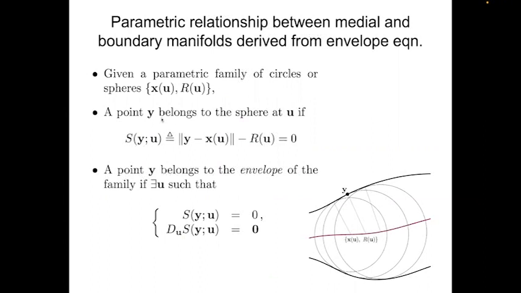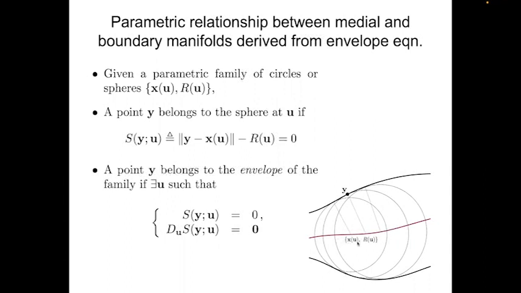And so then we end up with a function S that depends on Y, which is a point somewhere in space, and on U, which is the coordinate used to parameterize the surface. And at the envelope, this function S has value 0.